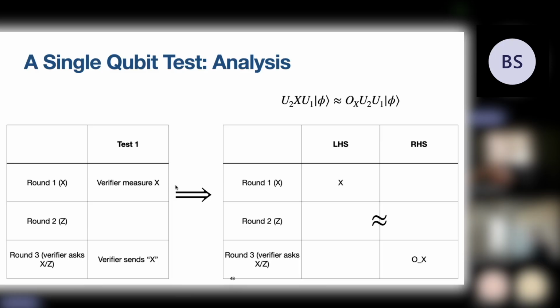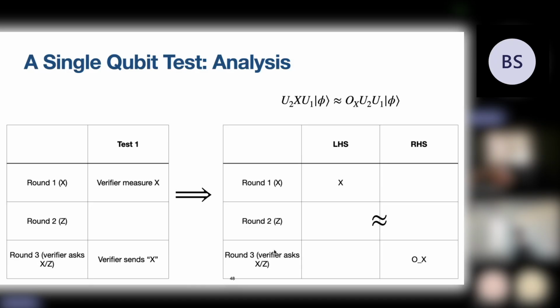If the measurement result of the first round is the same as the measurement result the prover sends you back in the last round, then this equation is exactly the equation you are going to have if you do the proof. I think it's also kind of easy to understand. It's quite an intuitive equation, it makes a lot of sense.